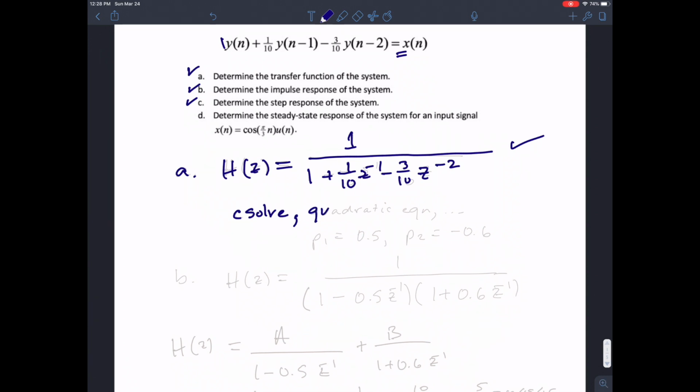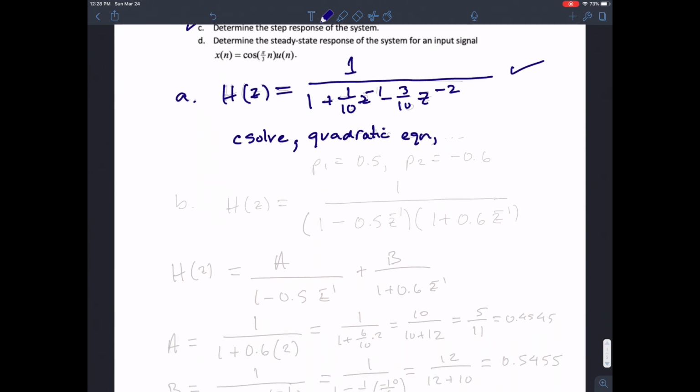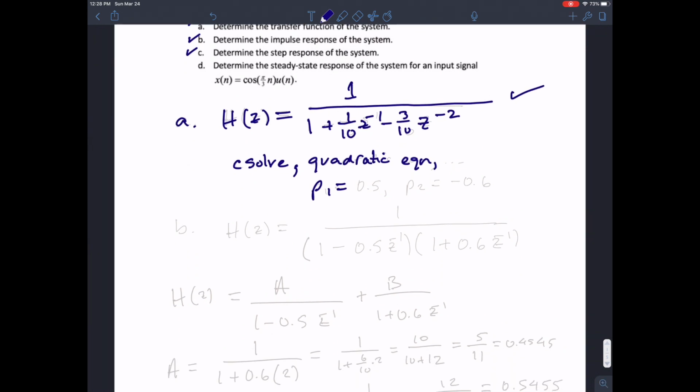There's C-solve, there's the quadratic equation, there's just by inspection, you can kind of look at this one and factor it if you're good at that kind of thing. But plug that in, there's a root function on your calculator. Plug that in and you can show that the poles are at 0.5 and -0.6.